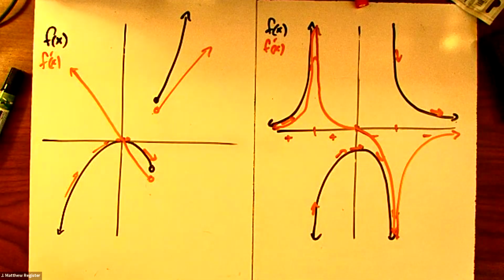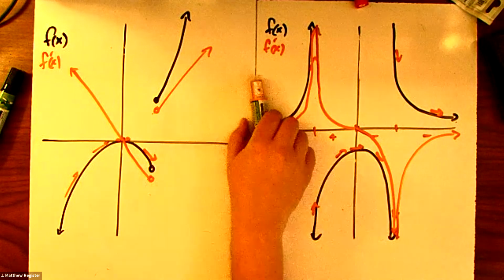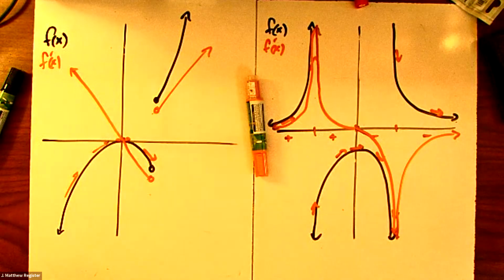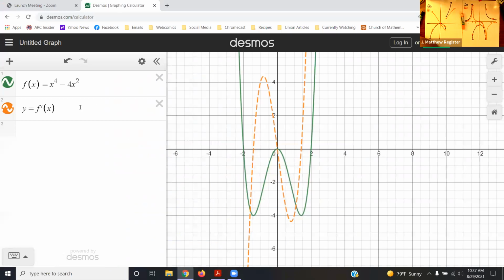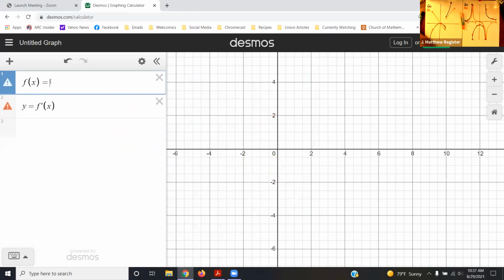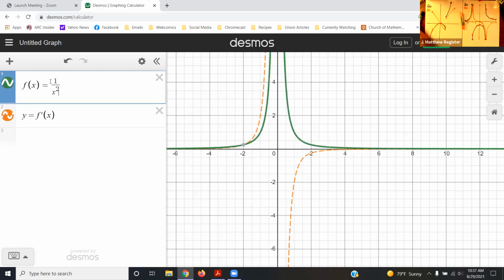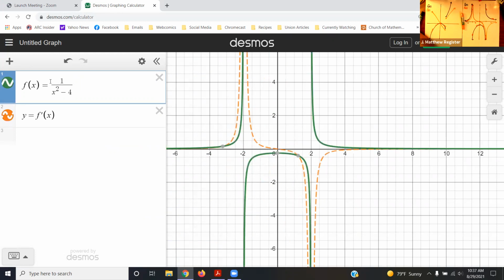Now we might be able to actually create this function. Let's see if we can create this function real quick. I don't know if I'll have any luck, but let's see if we can recreate this function in Desmos and see what it looks like. Eyeballing it, the function looks kind of like 1 over x squared minus 4.